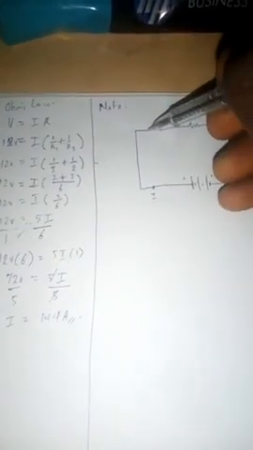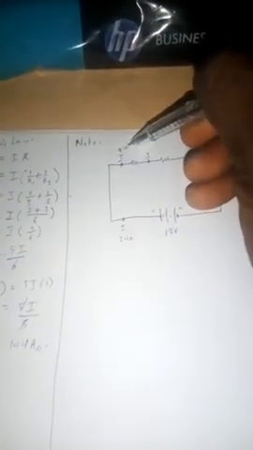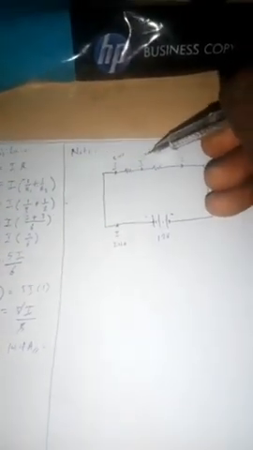The total current is the same all through. If this was 12 volts and the current here is 2.4 amps, definitely the current here will still be 2.4 amps.